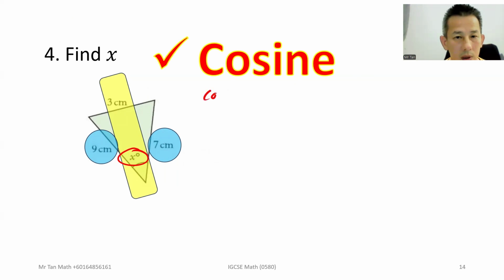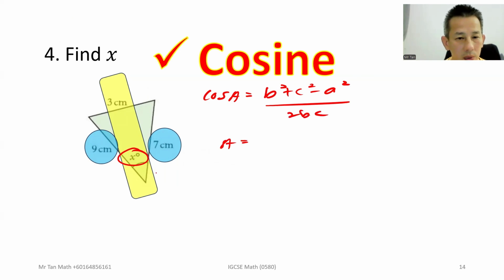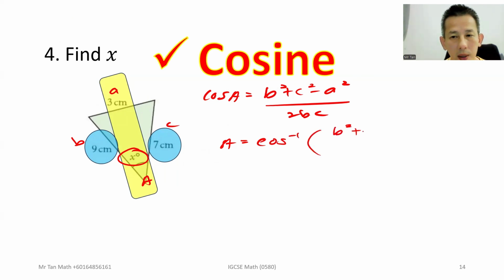We have cos A equal to B squared plus C squared minus A squared over 2BC. So A should equal cos inverse of B squared plus C squared minus A squared over 2BC.